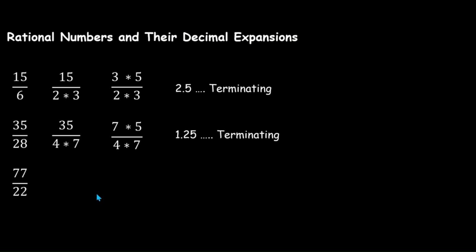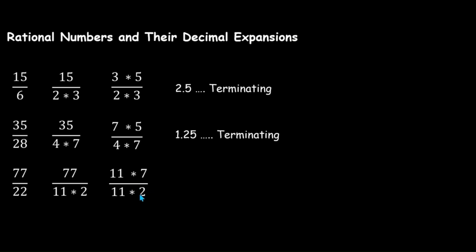Similarly, 77 by 22, expanding the denominator 22, we get 11 into 2. So 11 is not part of our standard form, 2 power m into 5 power n. So just take a look at the numerator as well. And 77 can be written as 11 into 7. So here 11 is getting cut off with 11, and what remains is 7 by 2.